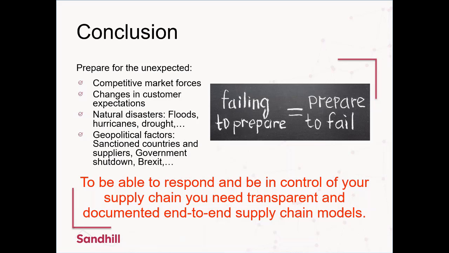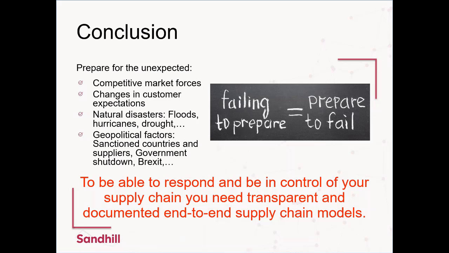And those sorts of disruptions can come from anywhere. It can be competitive market forces, so there might be things out there where a new competitor comes online, or a new product comes online. It might be customer expectations, they want 24-hour delivery instead of 1 week delivery. There might be natural disasters which happen out there. How does that impact your supply chain?